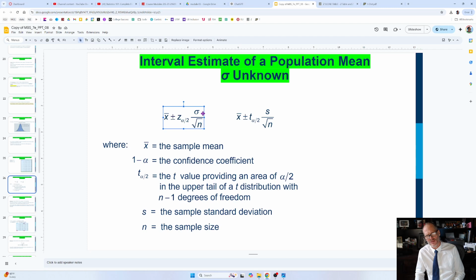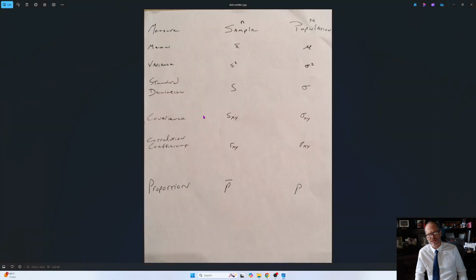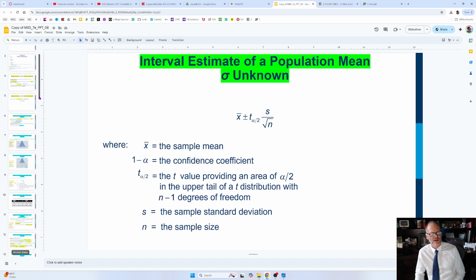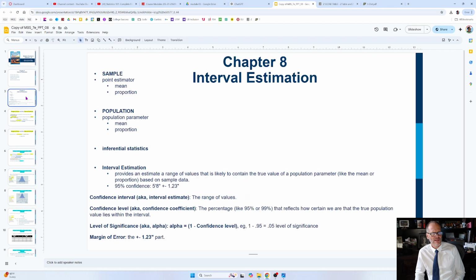So you're using the standard deviation of the sample, and the notation for that is s, the sample standard deviation. x bar is the sample mean. 1 minus alpha is the confidence coefficient, and alpha is the tails. The confidence coefficient is also our confidence level.